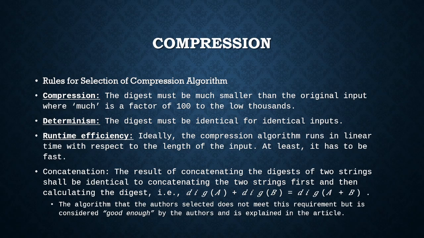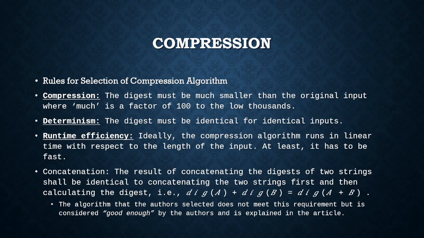But the fifth one is that the concatenation of the digests of two strings shall be identical to the digest of the concatenation of the two strings. Now, for the purposes of this article, the algorithm that the author selected does not actually meet this requirement, but is considered good enough. And if they consider it good enough, I'm going to consider it good enough, and we'll just run with it and see what we find.